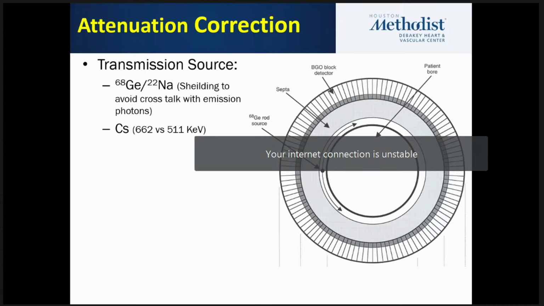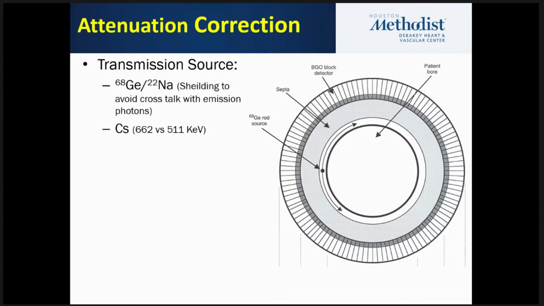Now there are multiple ways to do attenuation correction. Older systems used to have transmission sources in front of the machine, rotating around, and they would create what we call a mu map or attenuation map. This way you can estimate what kind of milieu these photons are passing through before reaching the detector. However, this method is not the most efficient.